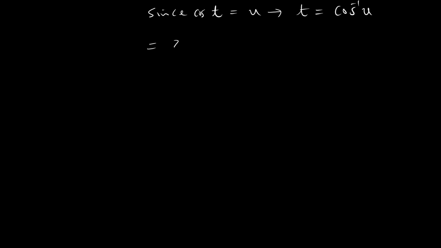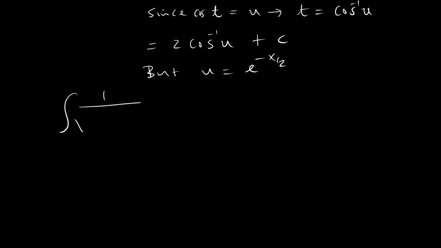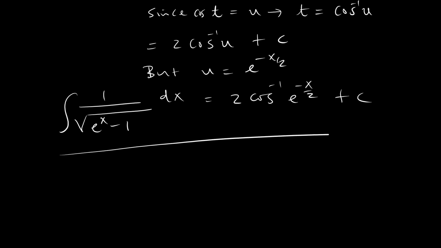Therefore, our solution temporarily is 2 arc cosine of u plus c, but u was e to the power negative x over 2, and so the final integral of our problem is equal to 2 arc cosine of e to the power negative x over 2 plus the integration constant c. So that is one version of the solution.